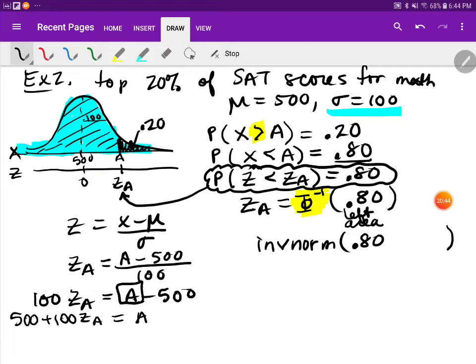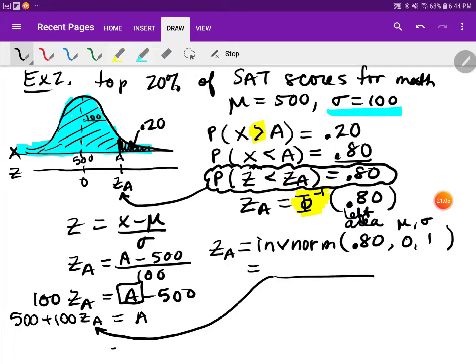So inverse normal 0.80 would work, but since on the new calculators they have that screen where they ask for mu and sigma, you want to ask yourself, am I trying to find ZA or A directly? If I want to find ZA, I type that in. Once I type this in and find my number, I can then calculate this and find A. Probably I would round it.